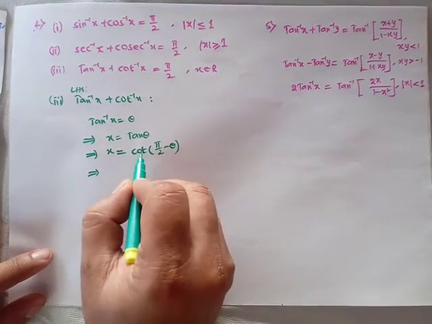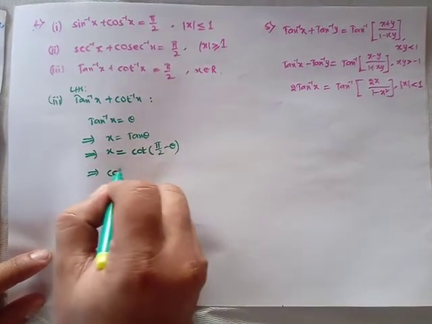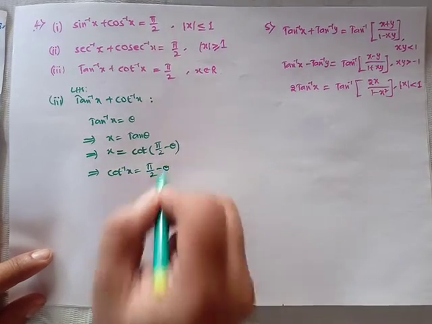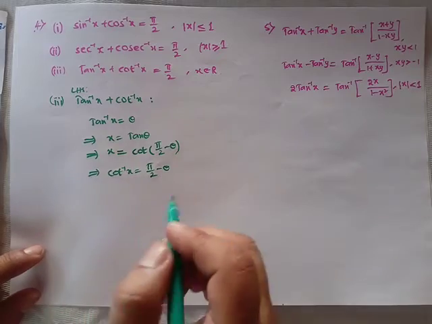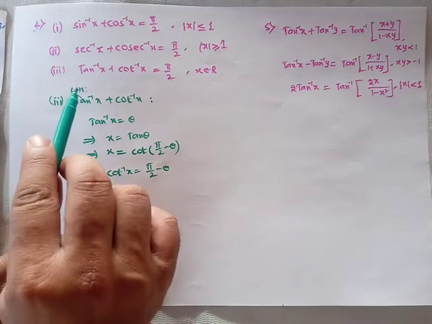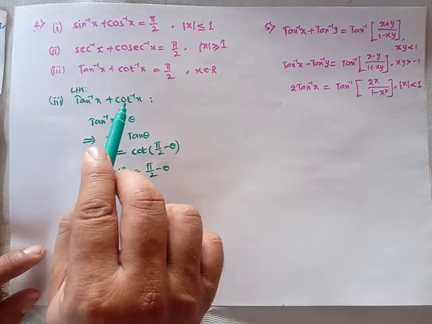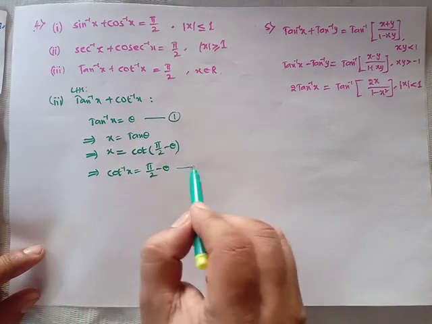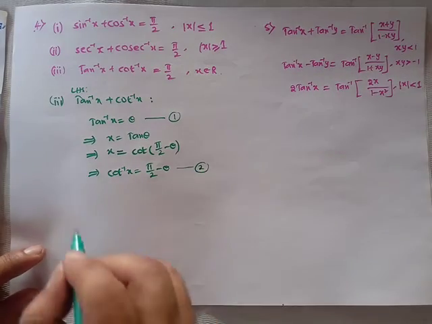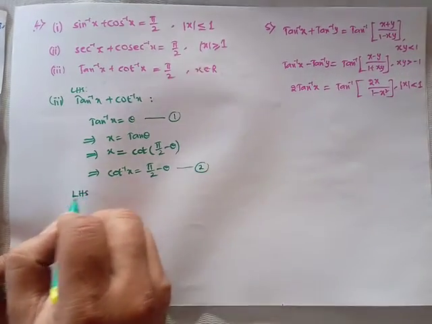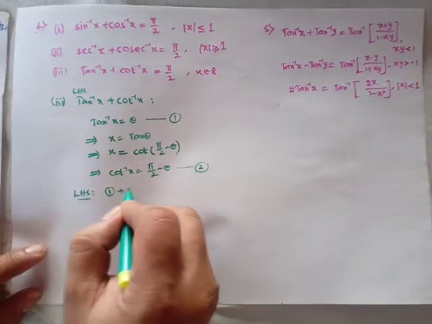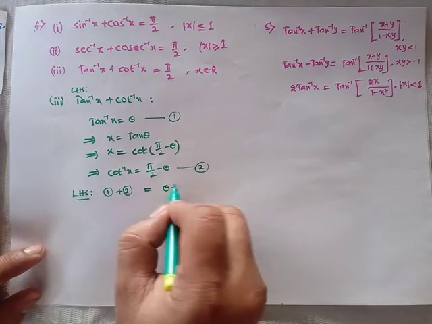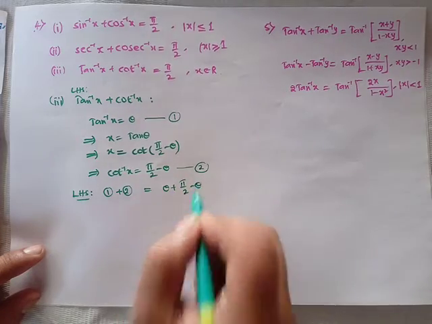Now this time send this cot to the left hand side. Then it will become cot inverse of x is equal to pi by 2 minus theta. Now the given LHS, tan inverse of x plus cot inverse of x, consider this as the first and this as the second equation. Then LHS is nothing but adding the equations. 1 plus 2 will give you theta plus pi by 2 minus theta.